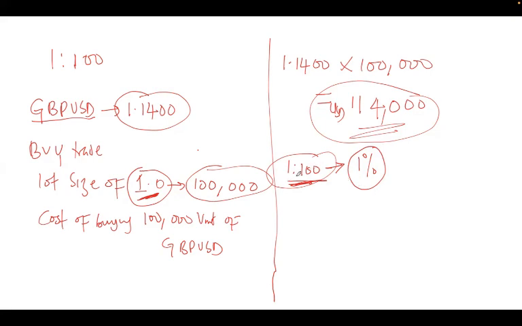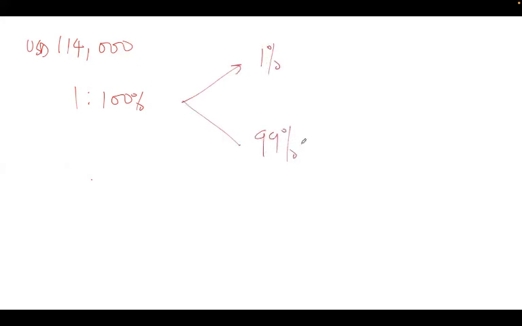So if the cost of this is 114,000 USD, and you're using leverage 1:100, what this simply means is that you have to bring 1% of this total money, and your broker will bring 99% of the total money. 1% of this will be 1140. If you subtract this, your broker is going to bring the rest. So you've seen the importance of leverage.